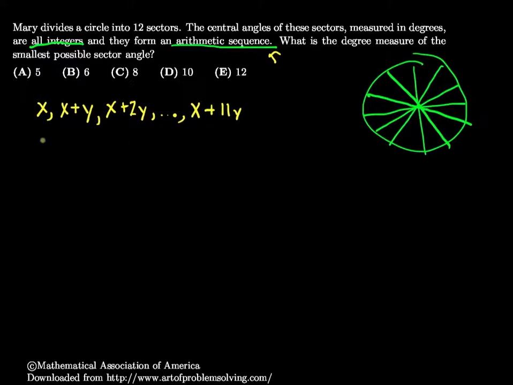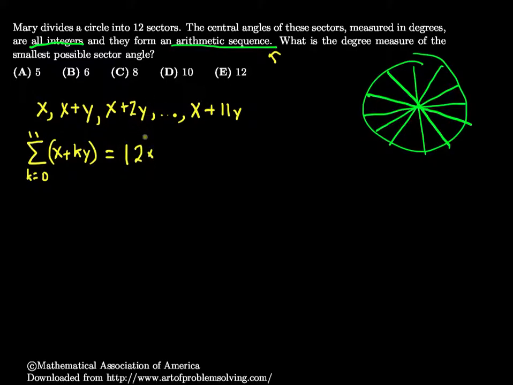The sum, I'll just write in sigma notation: the sum as k goes from 0 to 11 of x plus ky. This is basically saying this exact thing. Adding all of these up, we will get 12 x's.